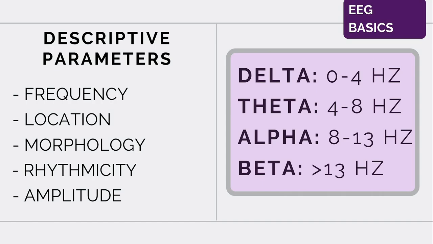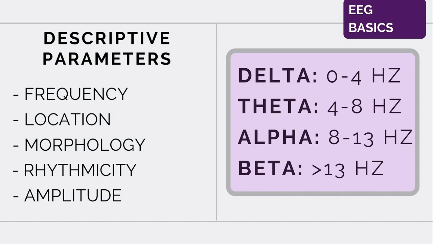You have to memorize these frequencies: delta, theta, alpha, and beta. To make it easy, delta is from 0 to 4 hertz, theta from 4 to 8 hertz, alpha from 8 to 13, and beta greater than 13 hertz. We're going to talk about location a little bit more on the next slide.